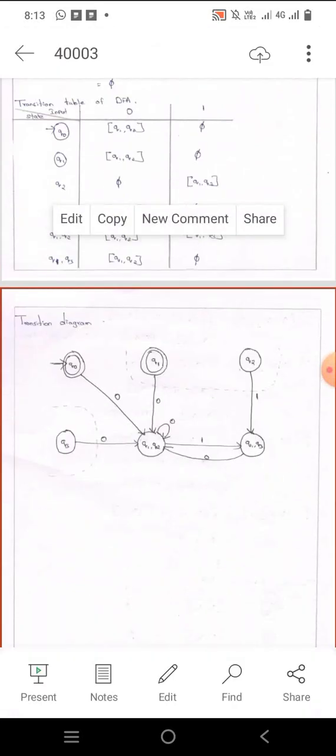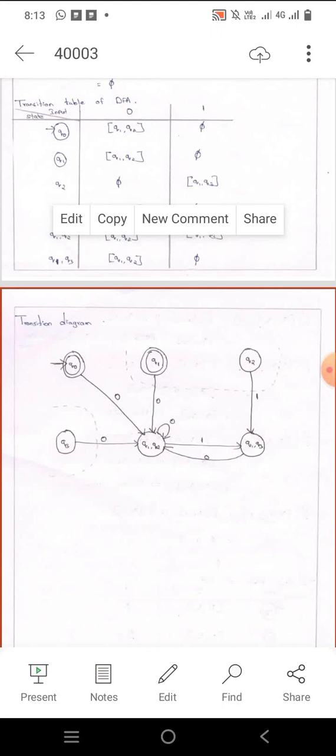That means in this transition diagram we got 4 final states. The final states are Q0, Q1, Q1 Q2, Q1 Q3. Just draw the 6 states and name them Q0, Q1, Q2, Q3, Q1 Q2, Q1 Q3.